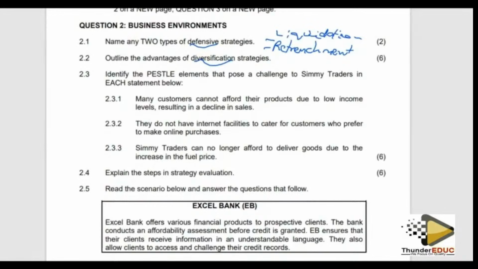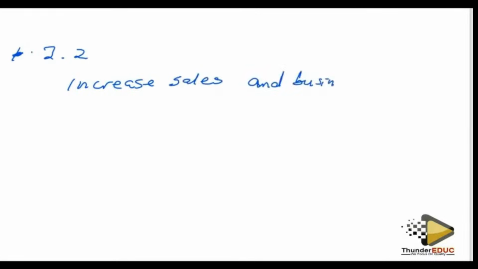So now here we can have, let me go to the blank page, 2 points. For 2.2, they can increase sales and business growth. How can they increase sales and business growth?